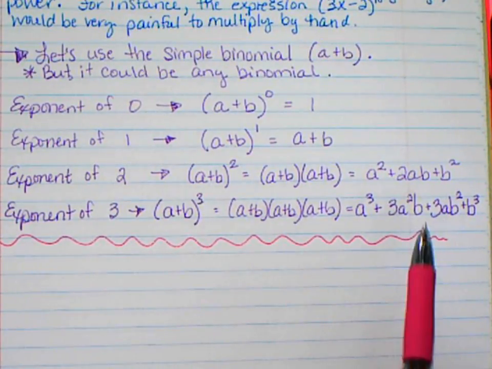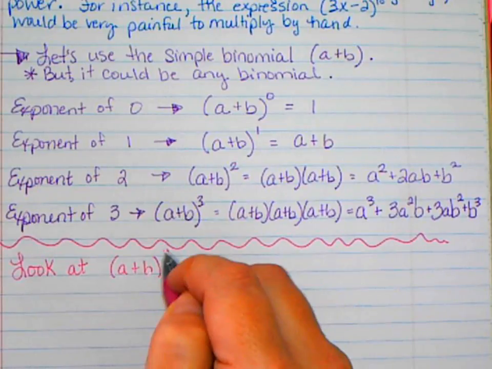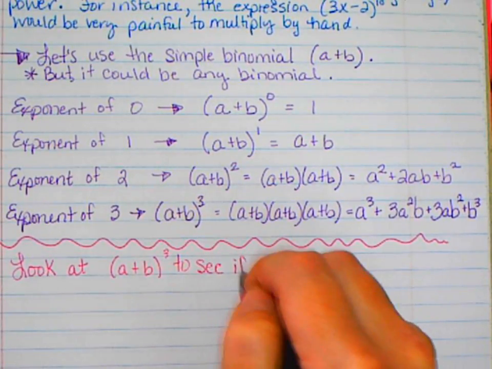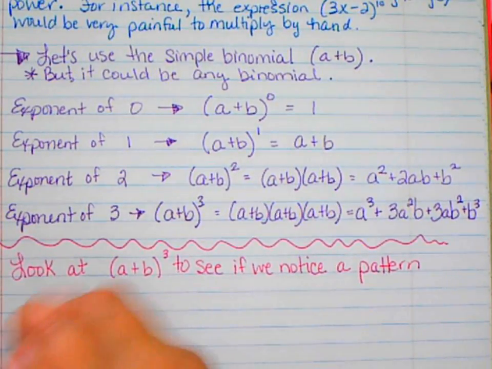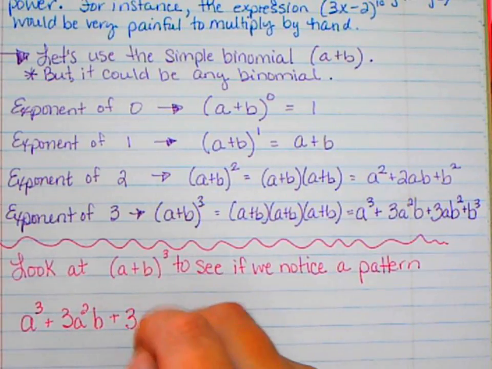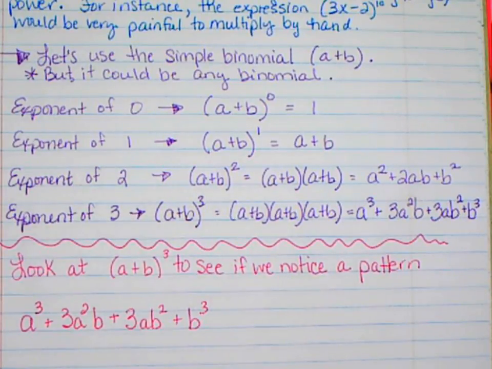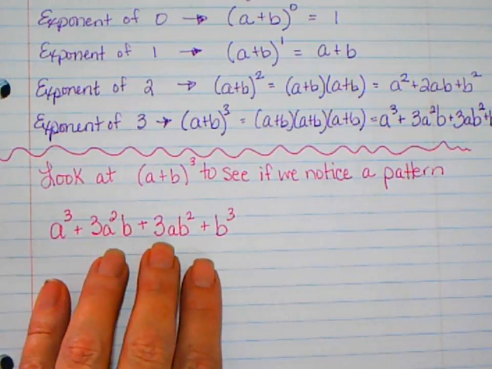So let's just look at a plus b quantity cubed, okay? So a plus b quantity cubed, that's the factored form of this right here, which is in standard form.